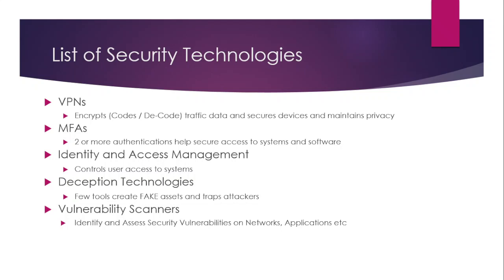Then there is identity and access management, which controls user access to systems. There could be a username and password and certain restrictions given to the user, so that you are limited to use certain applications, certain devices, printing machines, for example, controlled by identity and access management software.